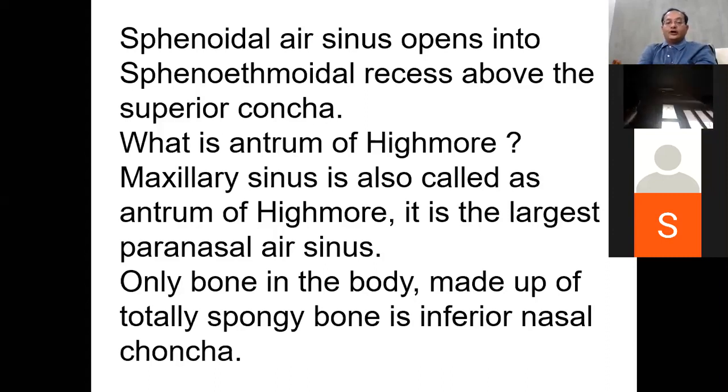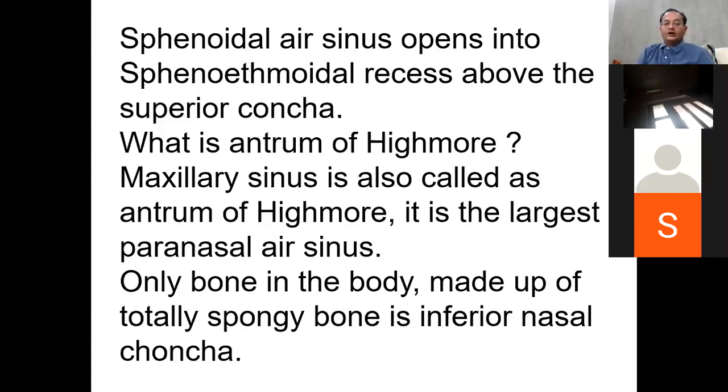Now note one point: the only bone in the body made up of totally spongy bone is the inferior nasal concha. What is spongy bone? There are 2 types of bones, compact bone and cancellous bone. Cancellous bone is also known as spongy bone.